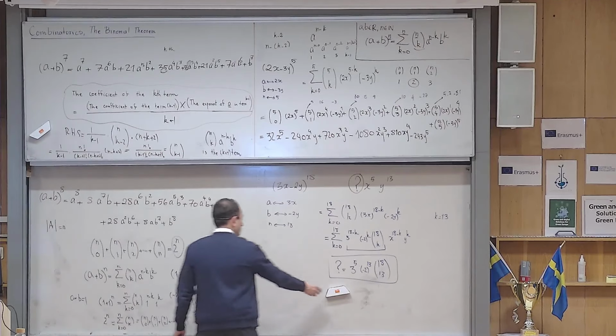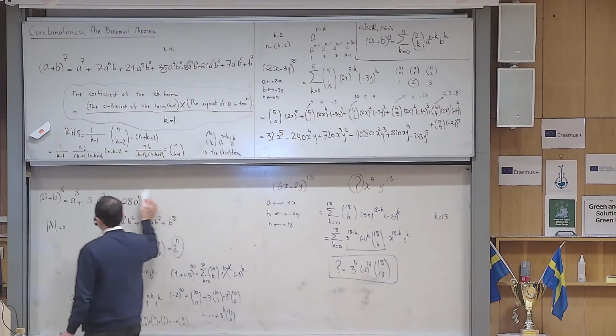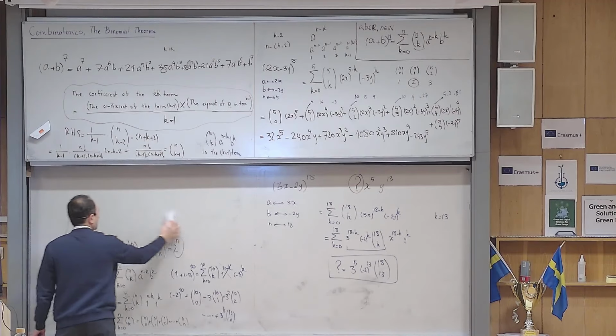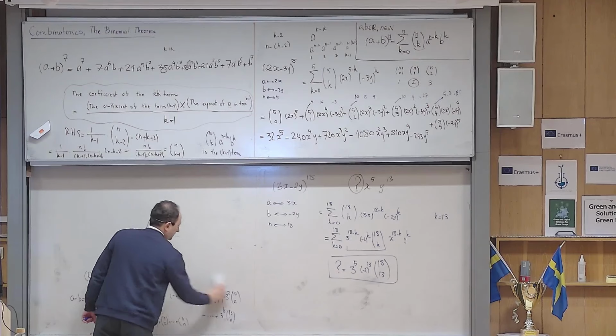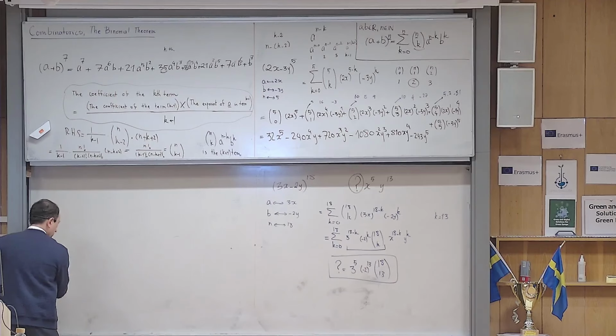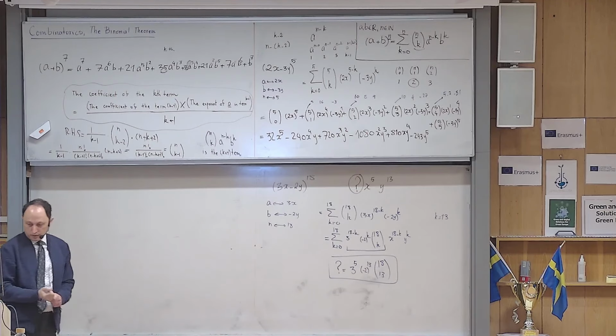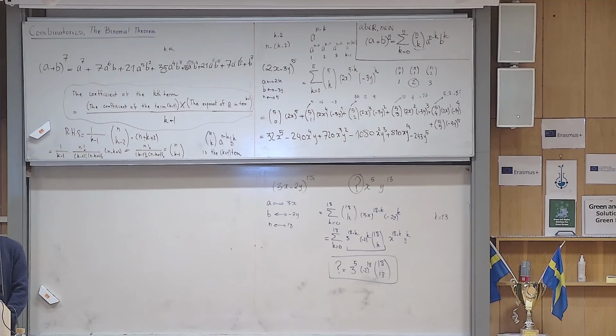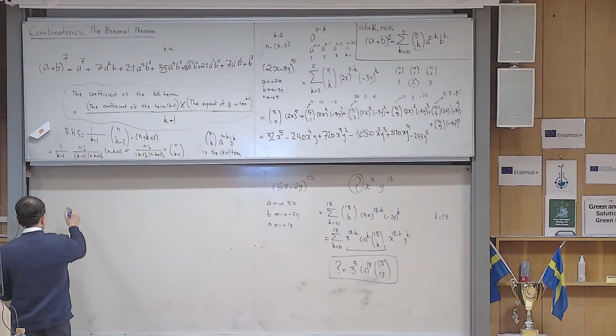But let me ask you a different question. That's also a good one. So the question is this. I give you a binomial expansion, but a little bit complicated one.